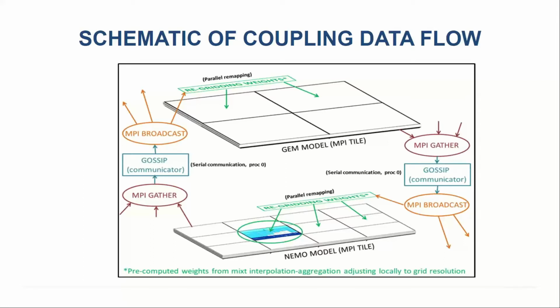This method is used to exchange information: each model sends fields through the server of this GOSSIP protocol, which gathers MPI tiles on its own global grid and then pushes them back to each model. Then each model interpolates and remaps onto the receiving grid.